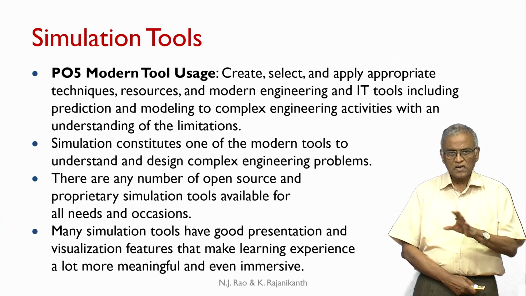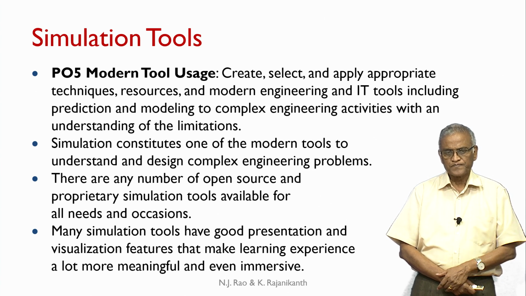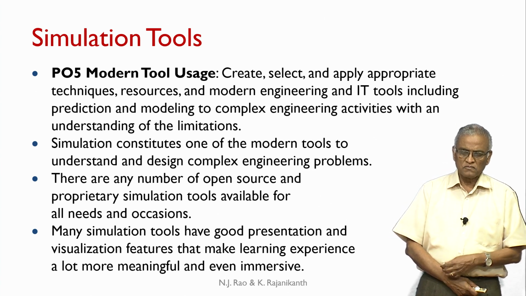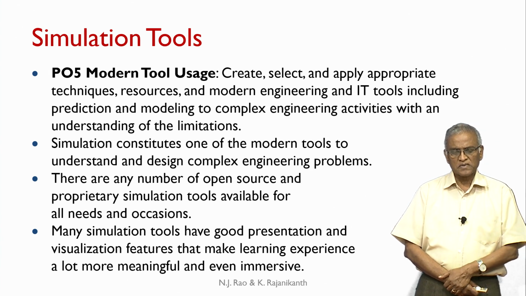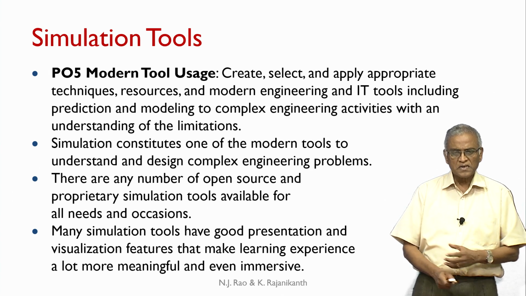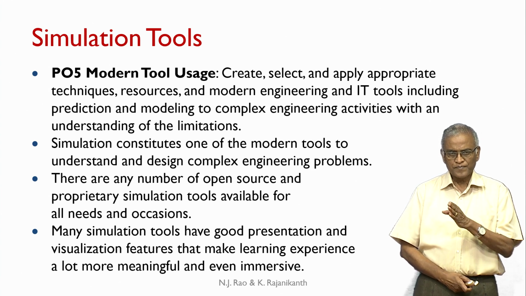See, all the words are there except that it did not say simulation tools, it said IT tools. IT tools can be used for data processing or simulation or communication, it can be used for all. Here it is saying create, select and apply.